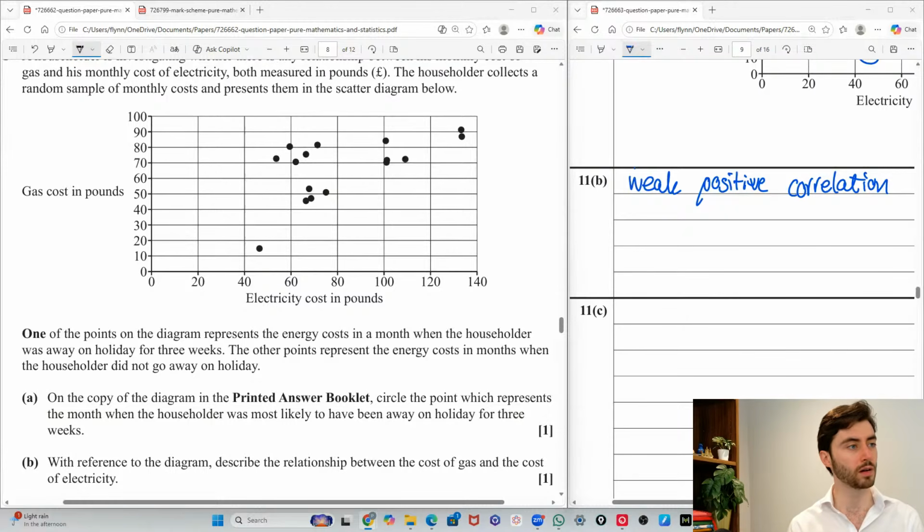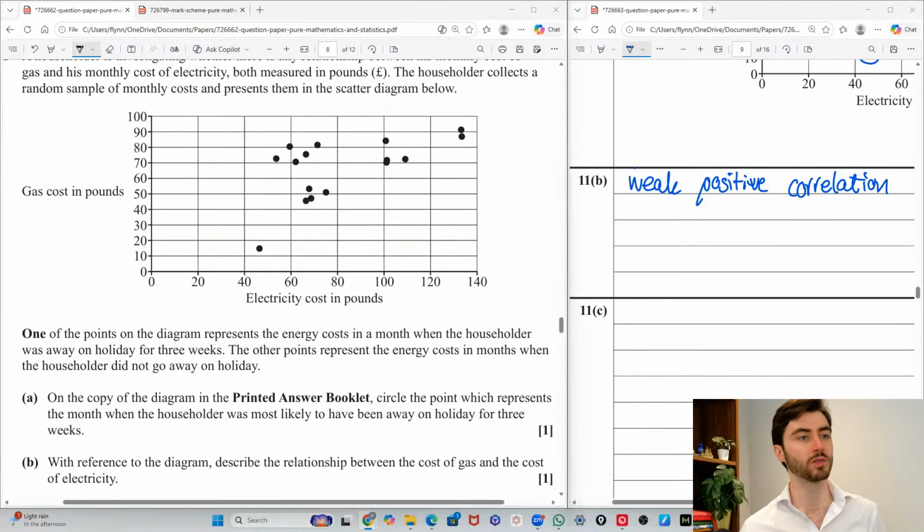So OCR B, MEI, A-level maths formula sheet. Is it just that? Ah, no, you do get a formula booklet. Excellent. Okay, so I'm going to download that real quick and bring that across.